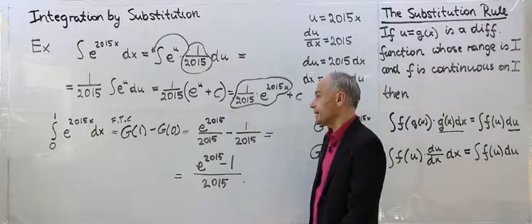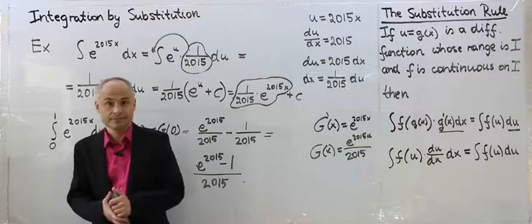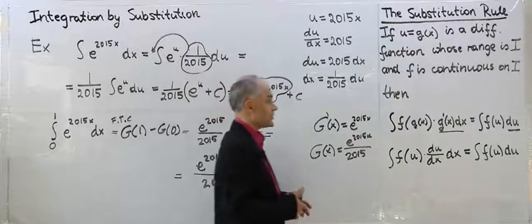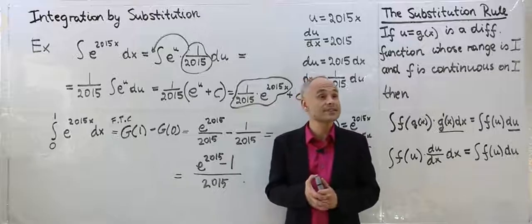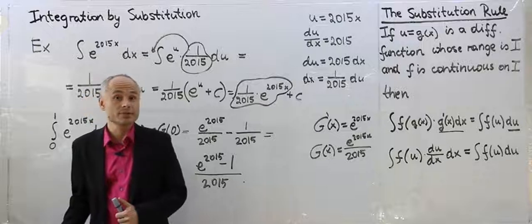There's another way to evaluate definite integrals using a substitution method. And that second method is usually more convenient than what I just illustrated here. So let me state a general theorem, and then I'll illustrate a couple more examples.